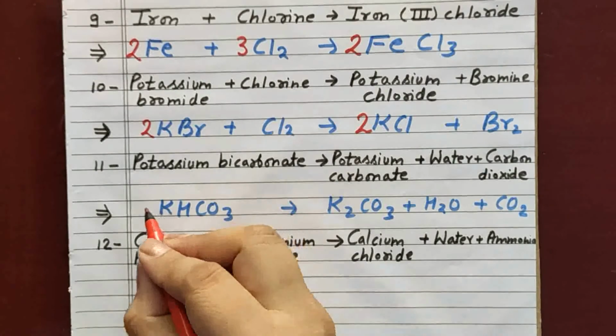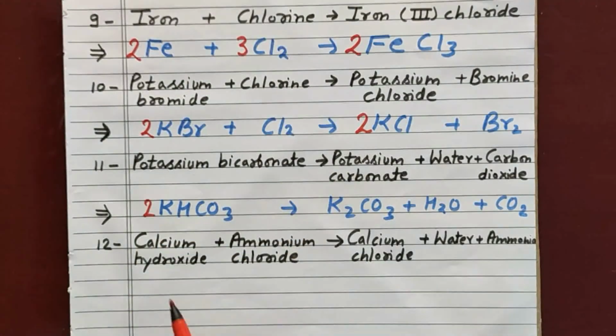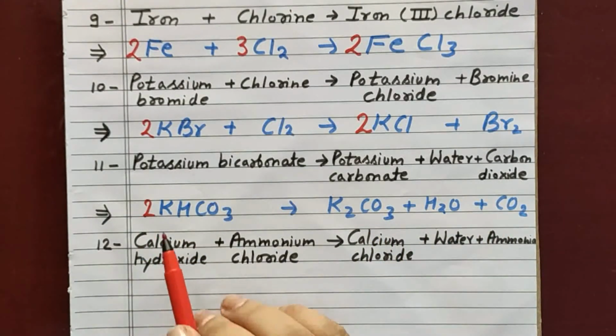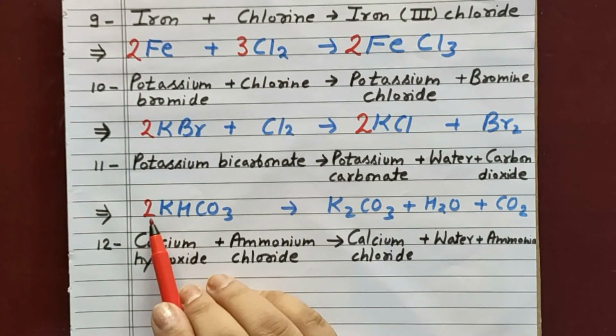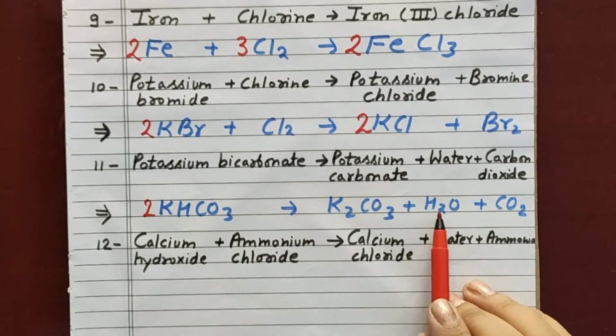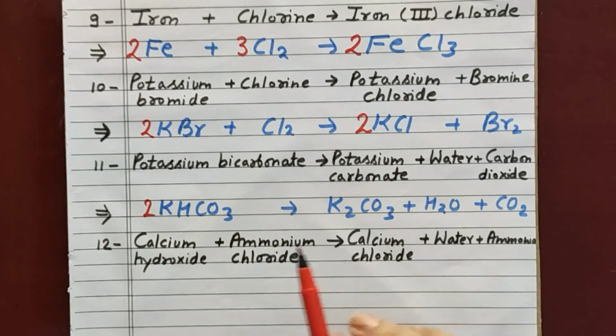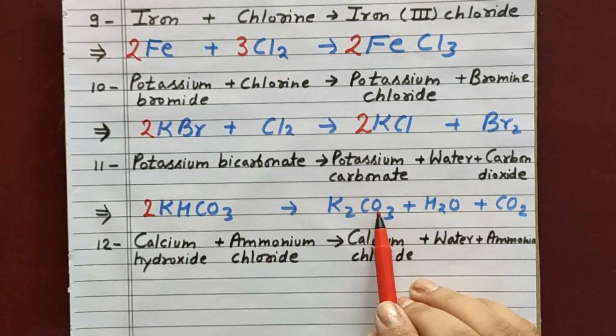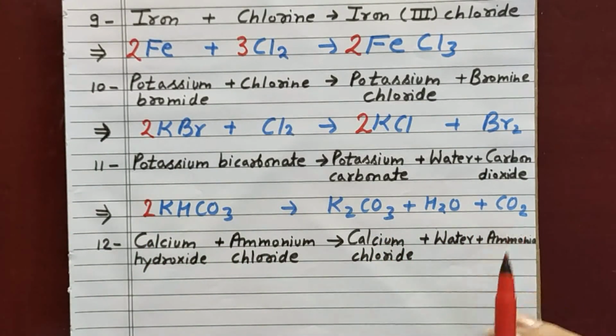So for balancing that, here we are going to write down 2. Now potassium atoms are balanced. Carbon, 2 carbon atoms are balanced. Hydrogen, here you are having 2 hydrogen atoms, 2 hydrogen atoms, these are also balanced. And oxygen, 3 multiplied with 2, 6. Here 3 and 3, 6 oxygen atoms. So this is the balanced equation.